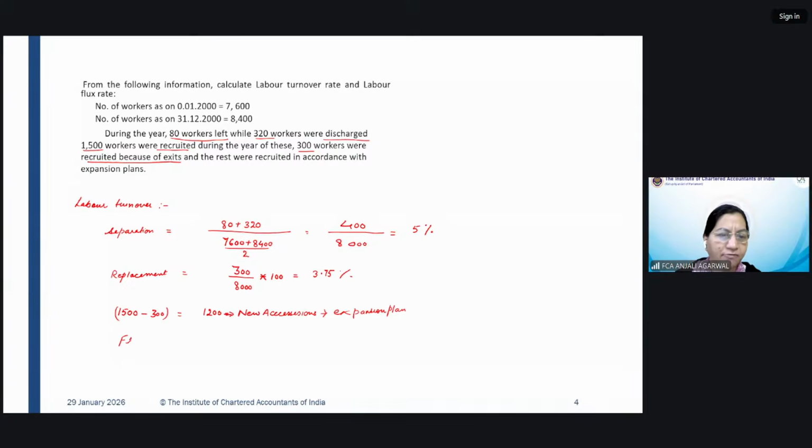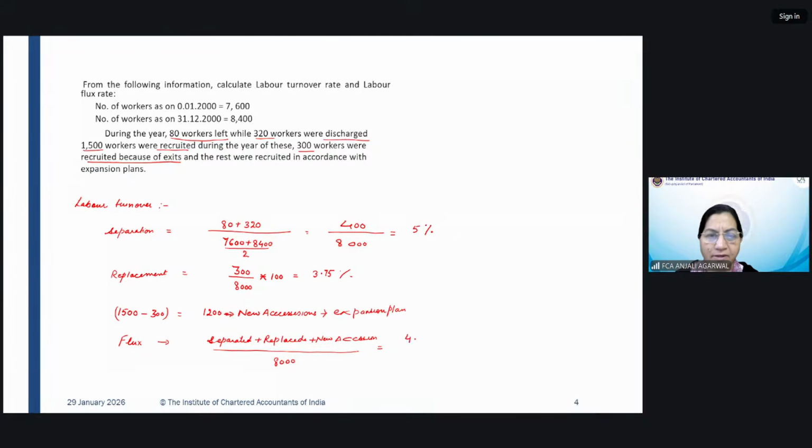But if we calculate the flux, then you have those who have separated plus those who have been replaced plus those who are new accession. So total new recruitments. And once again, divide by average number of workers, which is 8,000.